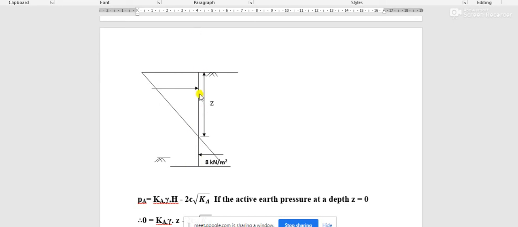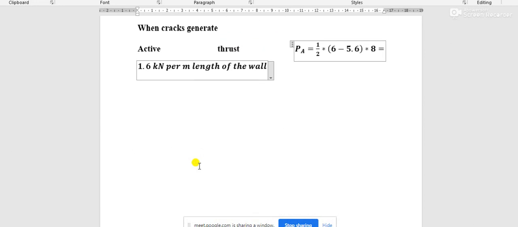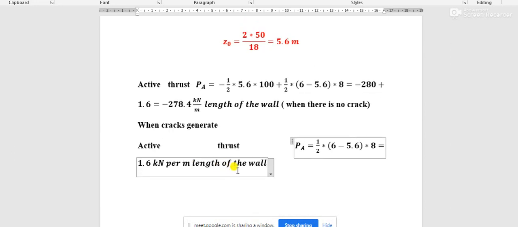This is height and this is breadth, and the width is actually considered as the length of the wall. These types of wall may be a long wall or maybe a short wall, but we have to consider this length. The dimension perpendicular to the screen will be the length, and per meter of length of the wall is that dimension.